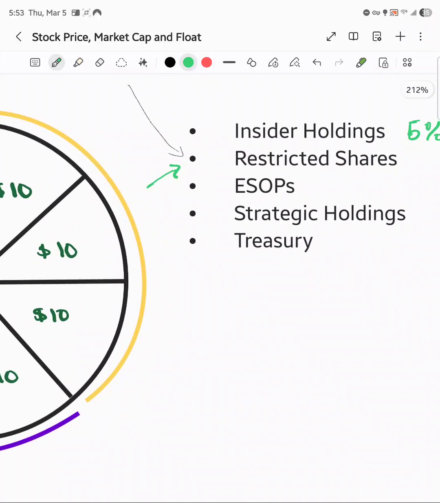And then we have ESOPs, which are employee stock ownership plans, and they have a vesting period of between 3 to 5 years.